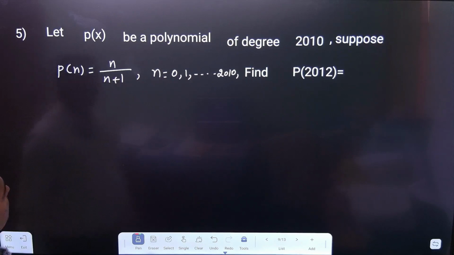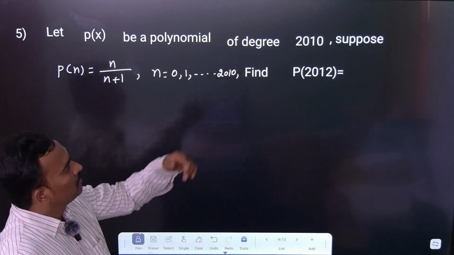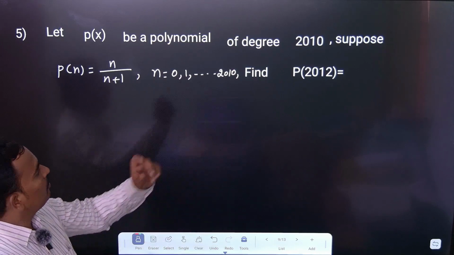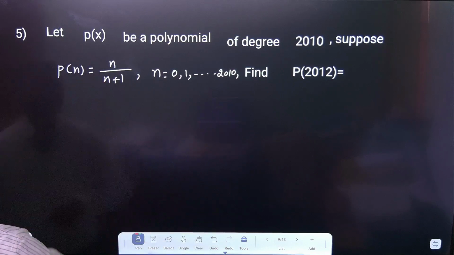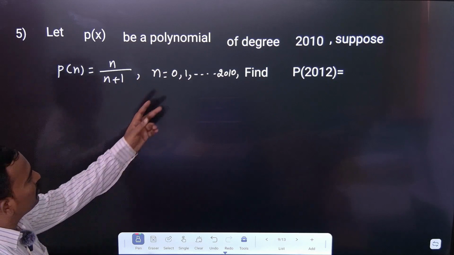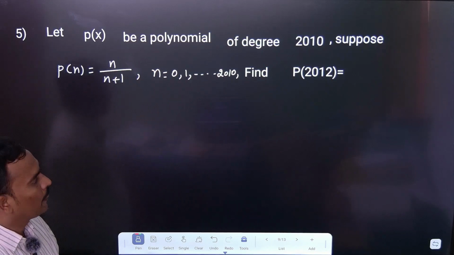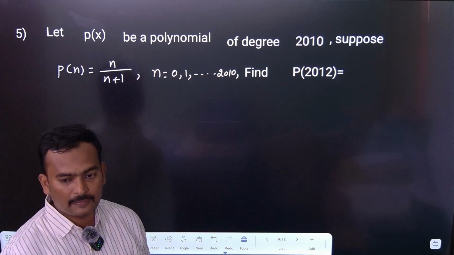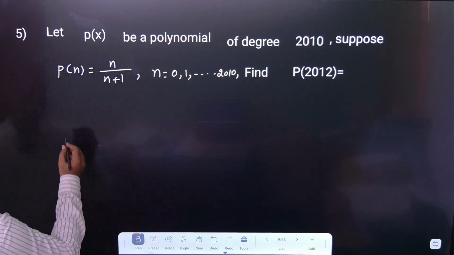P of x is a polynomial of degree 2010. Suppose P of n is equal to n divided by n plus 1, for n equal to 0, 1, up to 2010. Okay. So we need to find P of 2012, right? Okay, the same idea you can use.